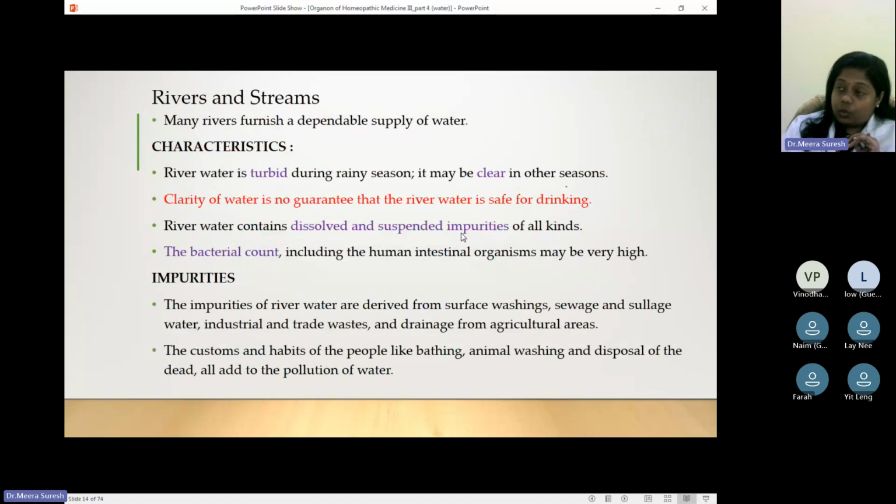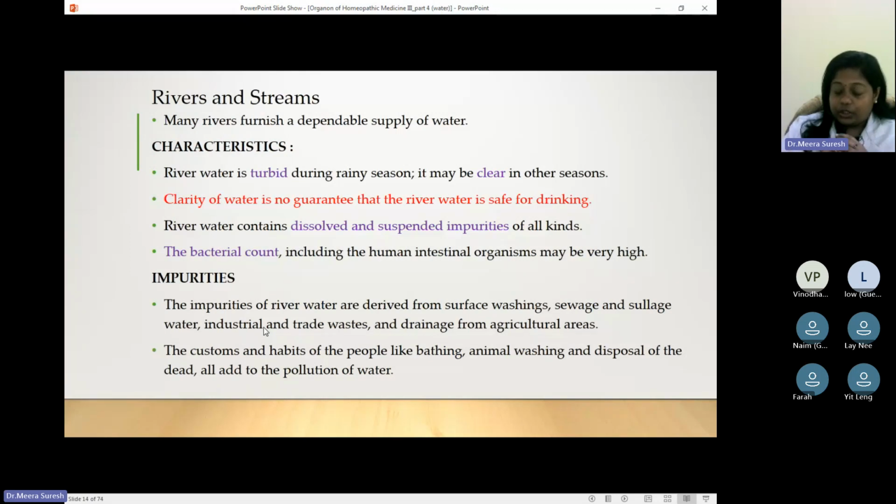So the water will always have some kind of impurities, and the bacterial count, especially human intestinal organisms and parasites, will all be present in rivers and streams. So the impurities of the river water are derived from surface washing.